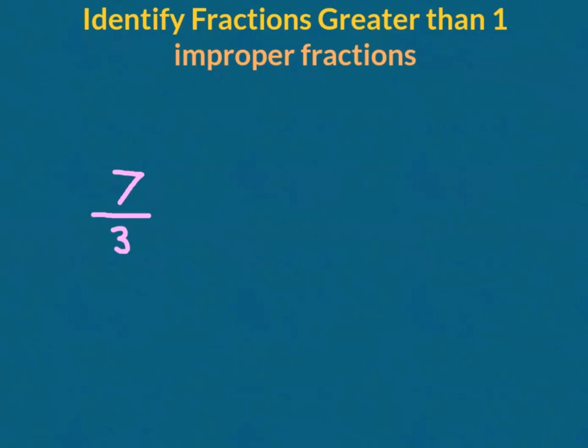That numerator tells us that that fraction is greater than 1 because 1 would be 3 parts of 3. How would we show 7 parts of 3? Here we can see each whole one is split into 3 parts and we have 7 parts shaded. So that's 7 parts of 3.